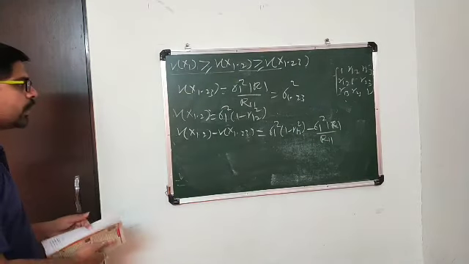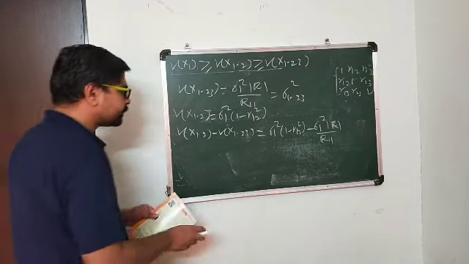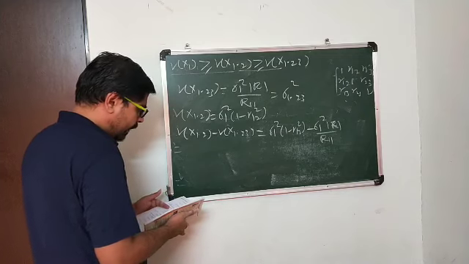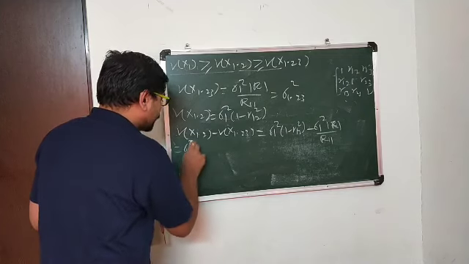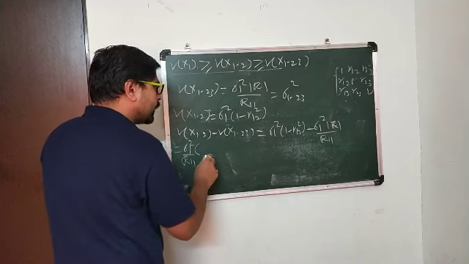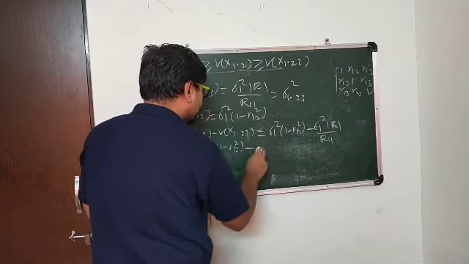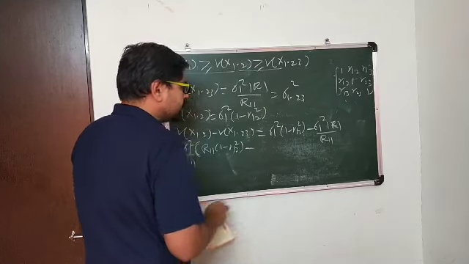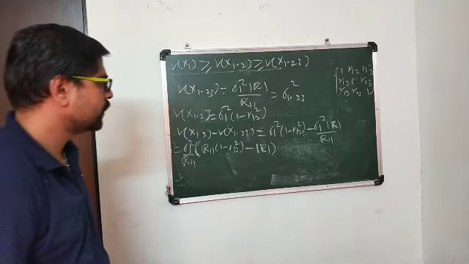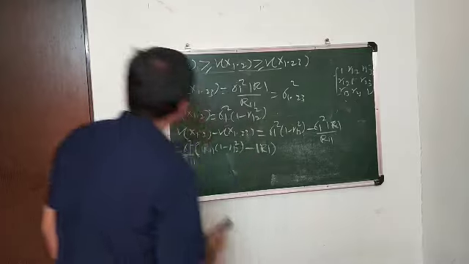Now we have to prove this is positive. To do this we take sigma 1 square outside, and R11. So we have R11 into 1 minus r12 square minus the determinant of R. Now we will solve this and see what we have.